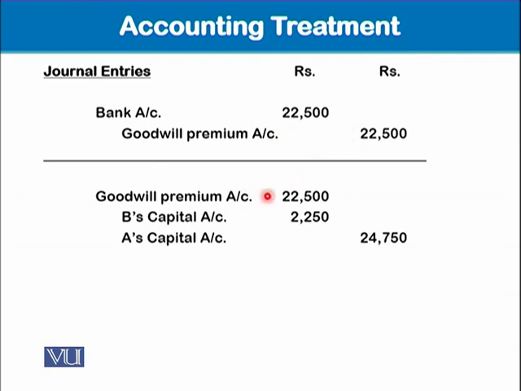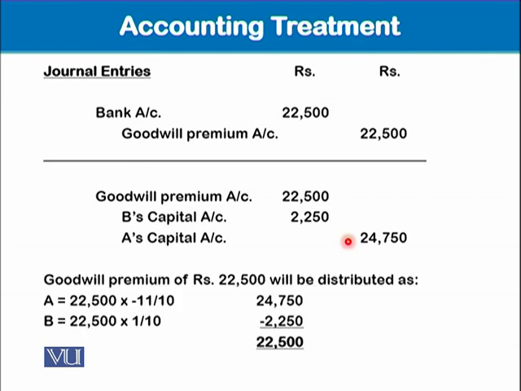The person who is gaining will be debited, and the person who was sacrificing should be given credit to the extent of his sacrificing ratio. So this is 22,500 times 11 by 10 and 22,500 times 1 by 10, so that the total amount is 22,500.